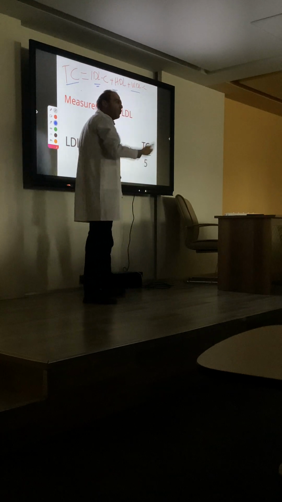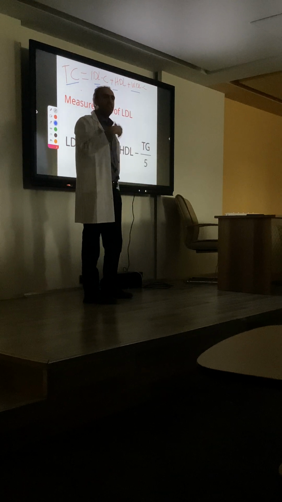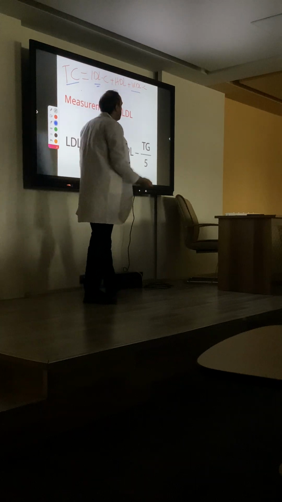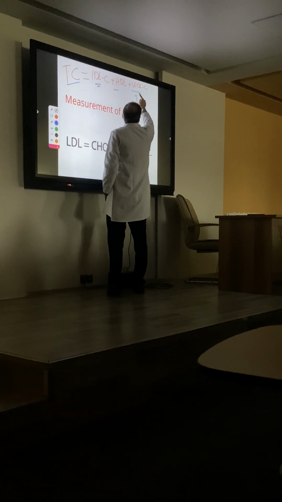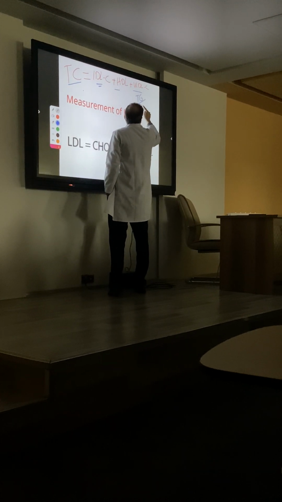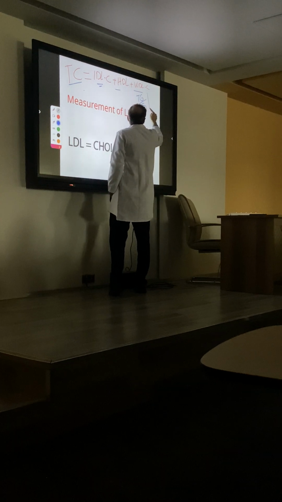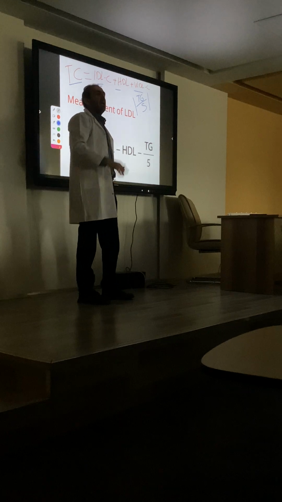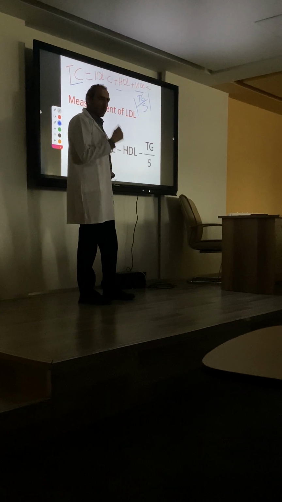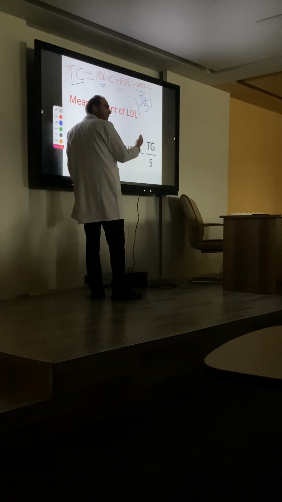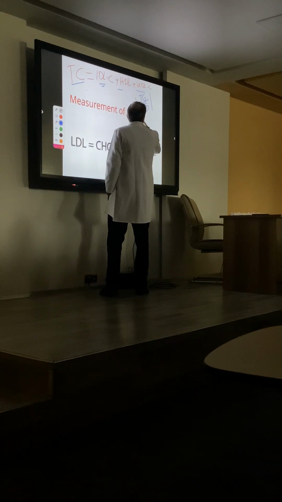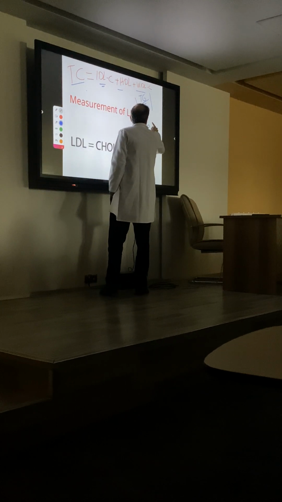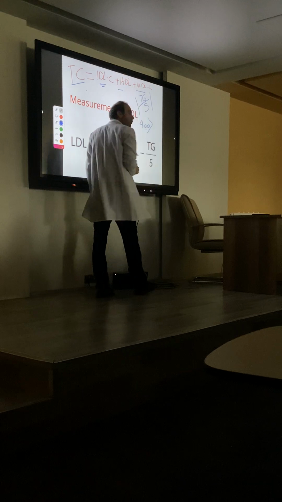Actually, we do not measure VLDL cholesterol directly. We measure triglyceride, and triglyceride divided by 5 is equal to the VLDL. This formula is correct for patients whose triglyceride amount is less than 400.